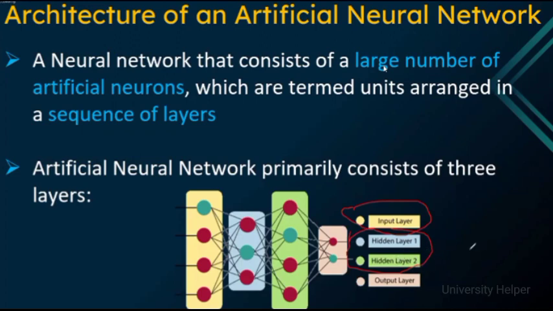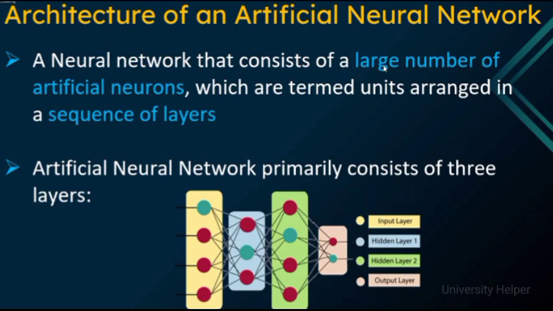It actually depends. And the third one is the output layer. So a simple, typical neural network has an input layer, hidden layer, and output layer. If I tell you to develop a simple neural network, it consists of 3 layers: input layer, hidden layer, and an output layer. Everyone get my point?